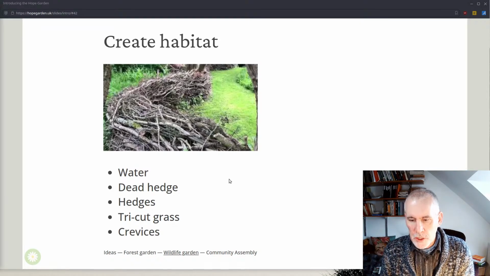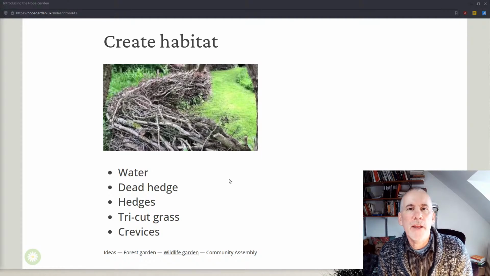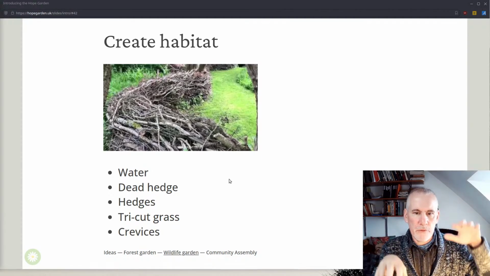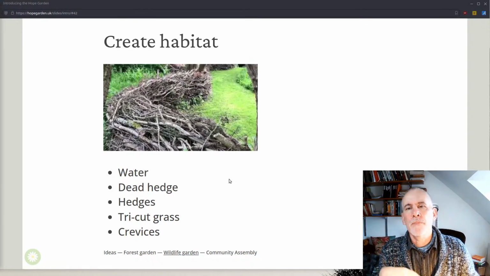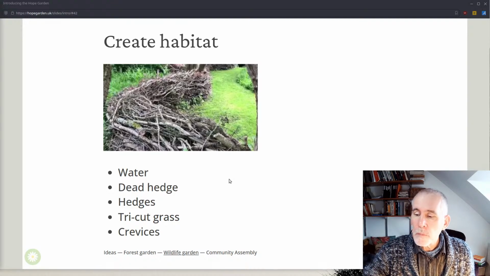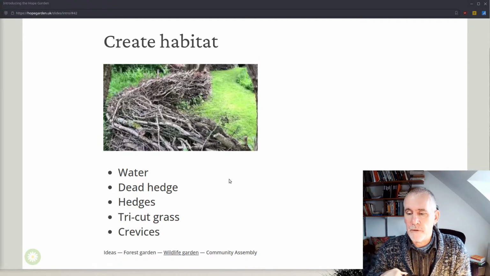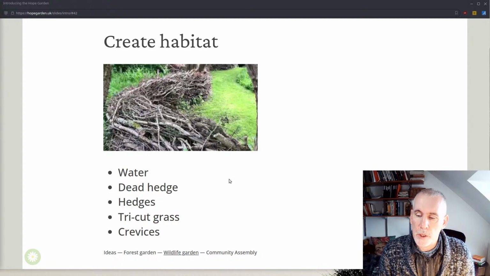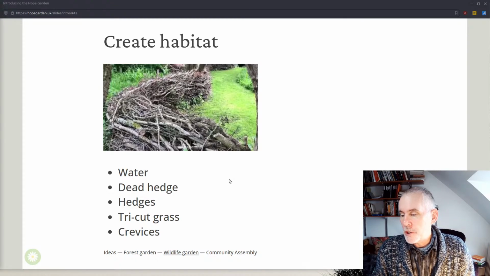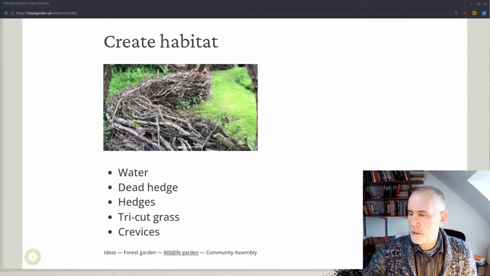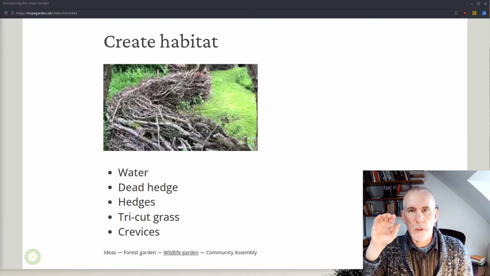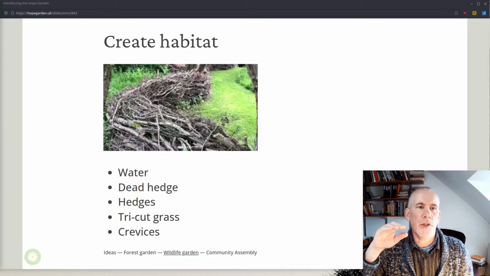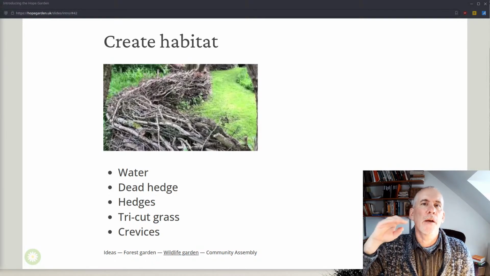So looking at the water, looking at creating dead hedges, living hedges, different sized plants within a native mixed species hedge. And when you've got grass, I went to a fantastic Plantlife workshop a couple of years ago, and the chap there called Mark Schofield was talking about, even if you've got a lawn, just cut it in sections.